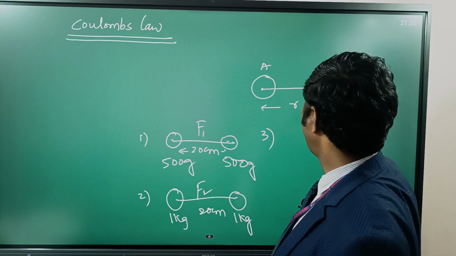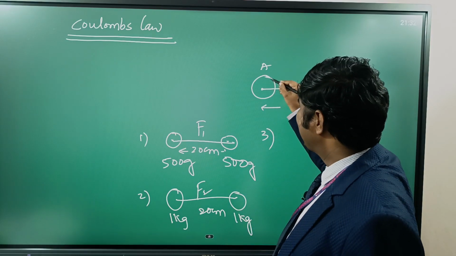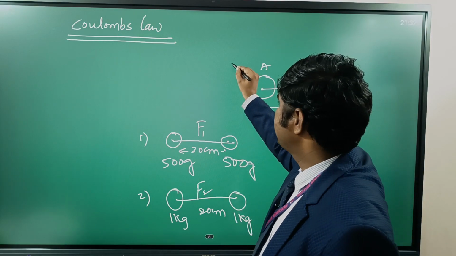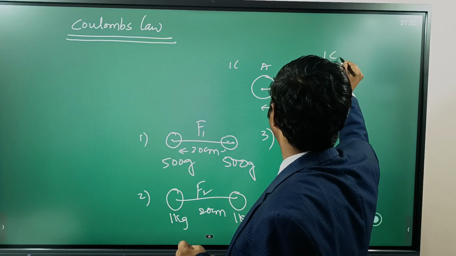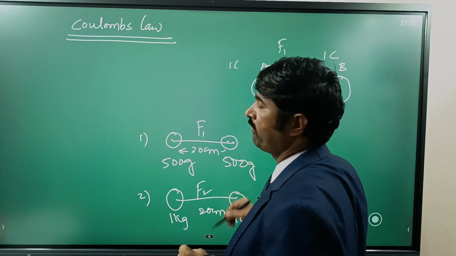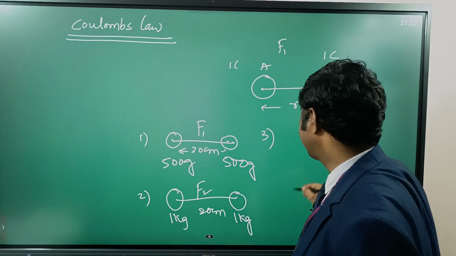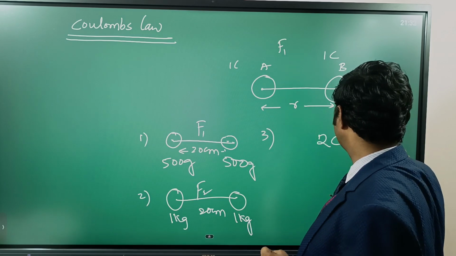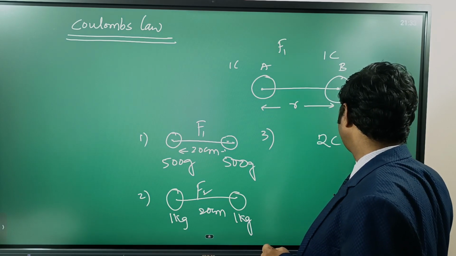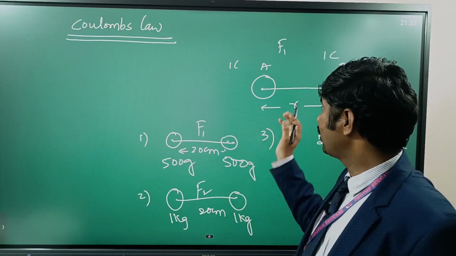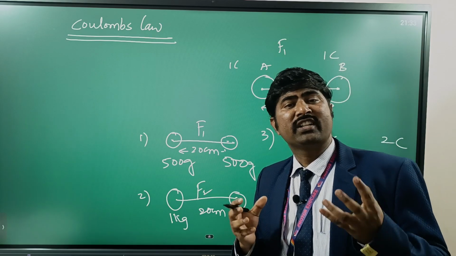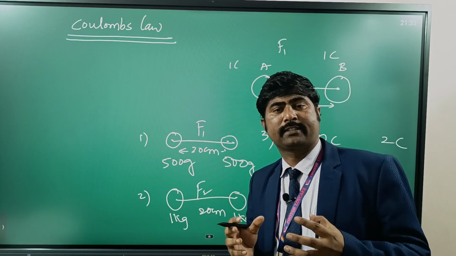So here also Coulomb says, by increasing the magnitude of charge, first if you take 1 coulomb of charge, there exists some amount of force F1, and next 2 coulomb of charge. You are not going to change the distance, you are changing the value of the magnitude of charge.